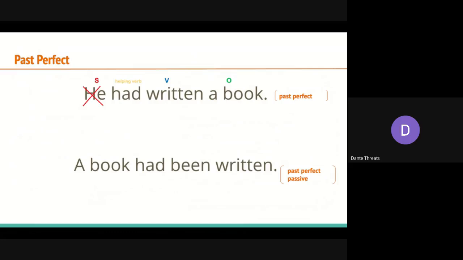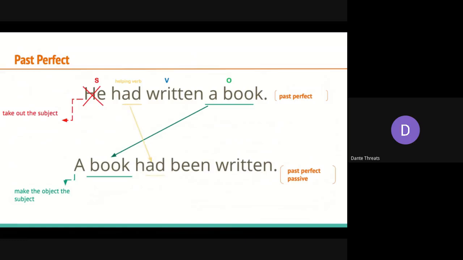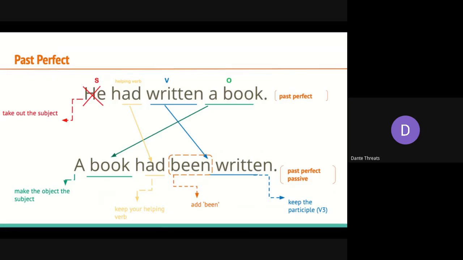Yes, we take out the subject first, then yes, make the object the subject, and then keep the helping verb, right? Then, that's right, add been, and finally, we keep the participle, right?